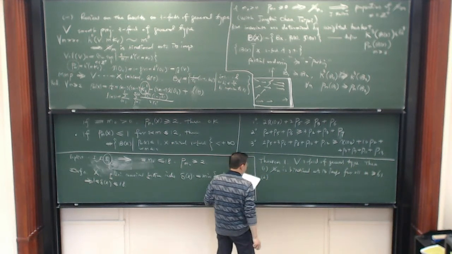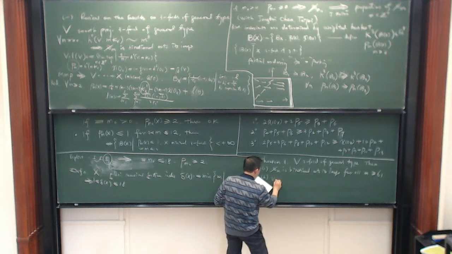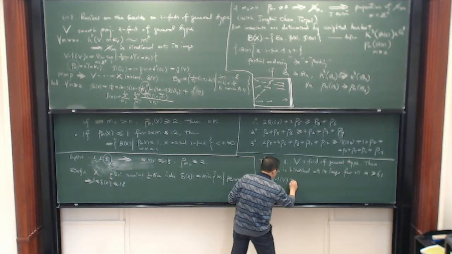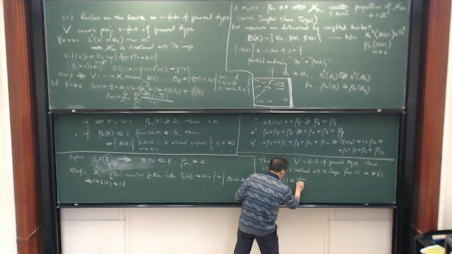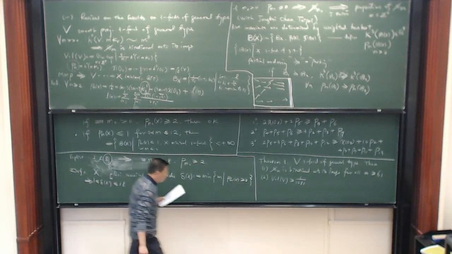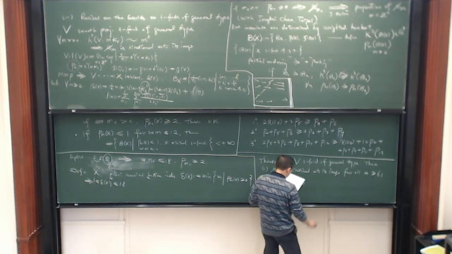The second statement is that the canonical volume of any threefold of general type is larger than or equal to 1 over 1618. So the inequality holds.